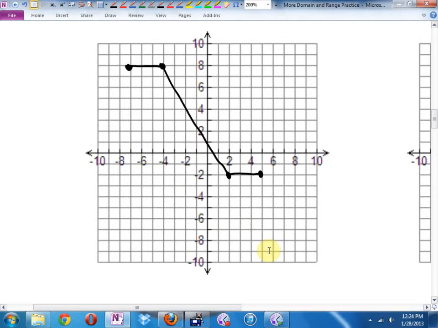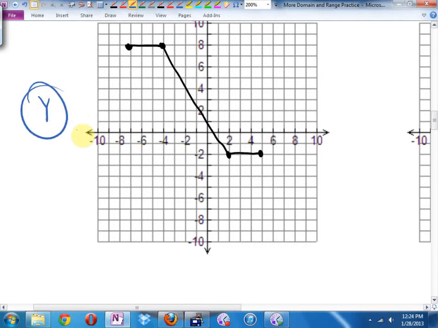Function or not? This is the next one, yes? Let's see. Yeah, I think we're good. Domain. Brody, careful. I don't think it's negative 8. Is it? 2, 4, 6.